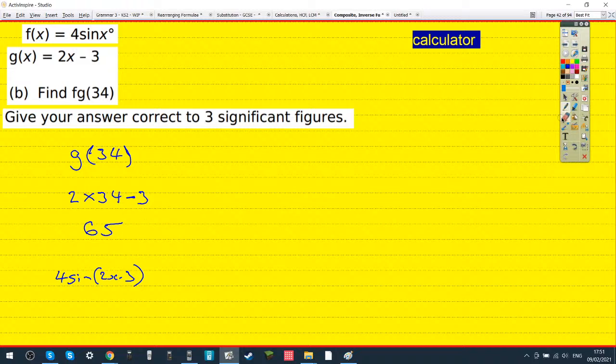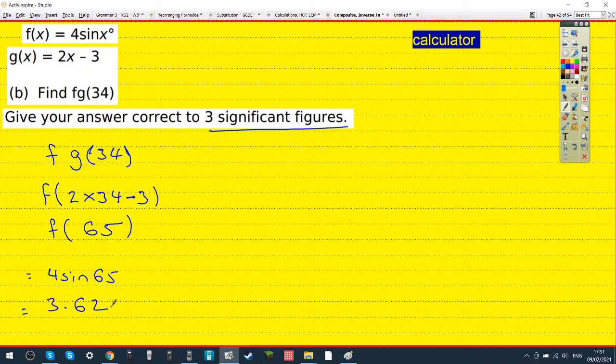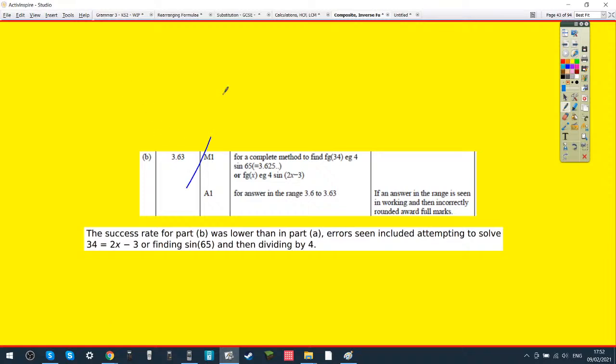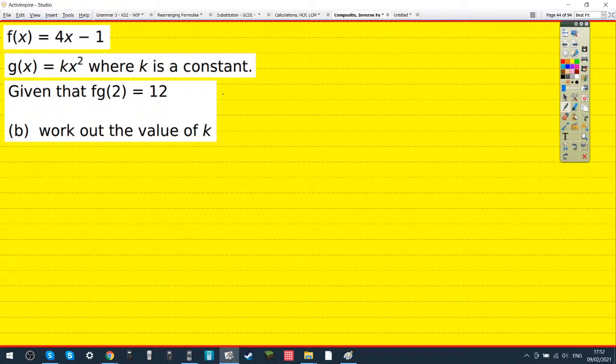Then do f, so 4 sin 65. Well done. And answer to 3 significant figures. 3.62. What's the digit after the 2? 3.63. So just watch out for that one. Great, 3.63.